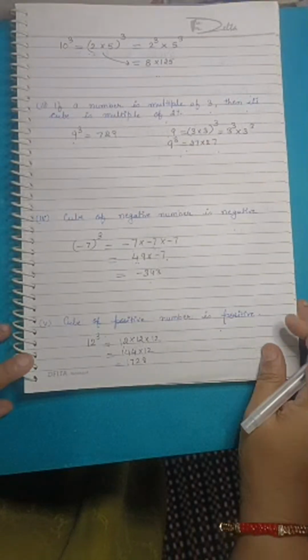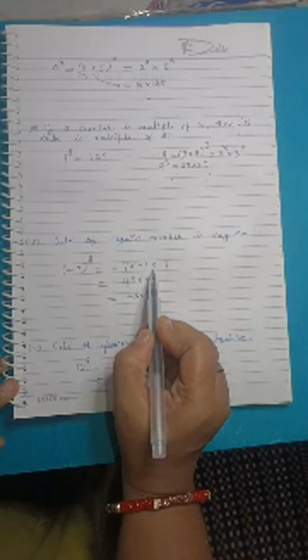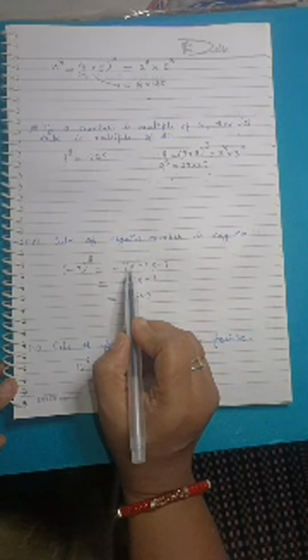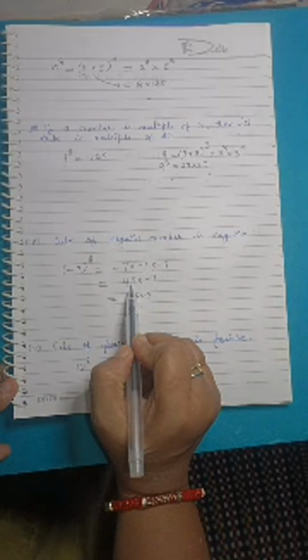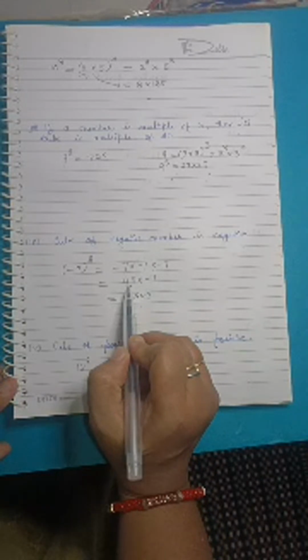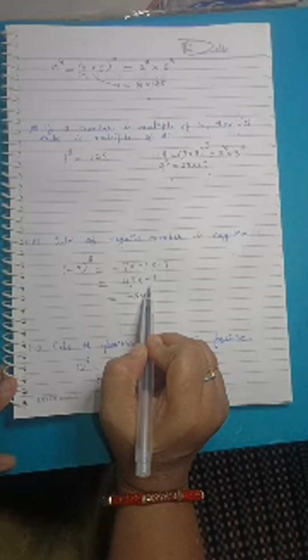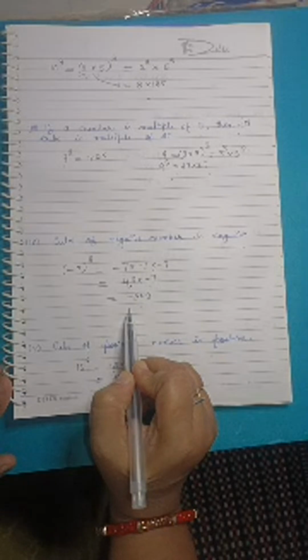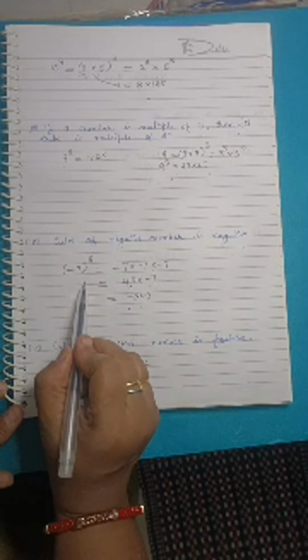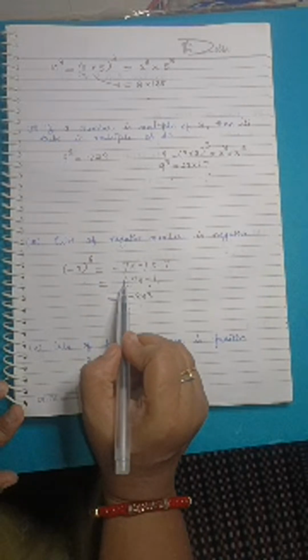Minus 7 multiplied by minus 7: when two negative numbers are multiplied, the answer will be positive. That will be 49. And then 49 is going to be multiplied with minus 7. You are going to get minus 343, which tells that minus 7 cube, or a negative number's cube, will be negative.